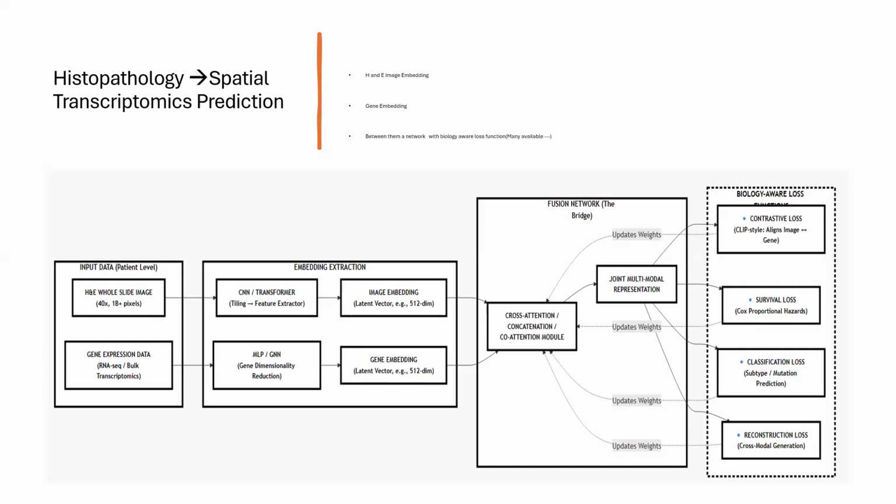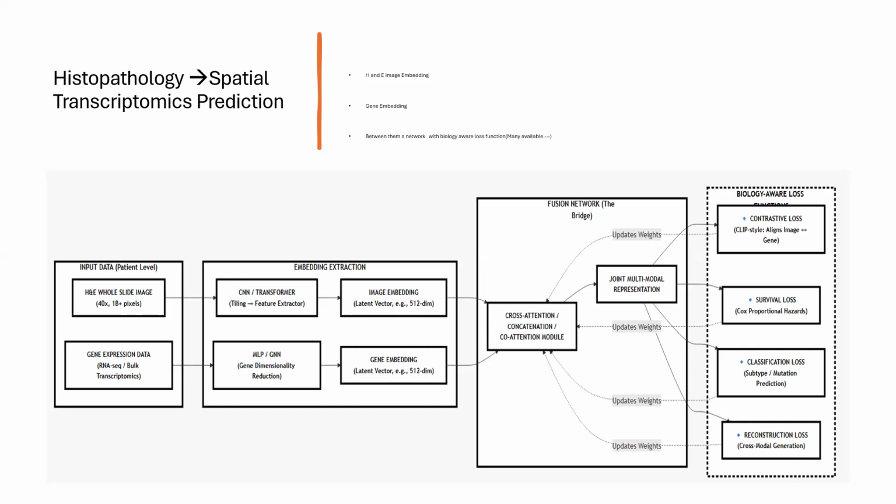After that, we can apply biology-aware loss functions, which may be contrastive, survival classification, or reconstruction. If you feed these losses to the network, finally your network learns. Then if you pass an H&E image, you will get the genetic expressions. This is a trending one.